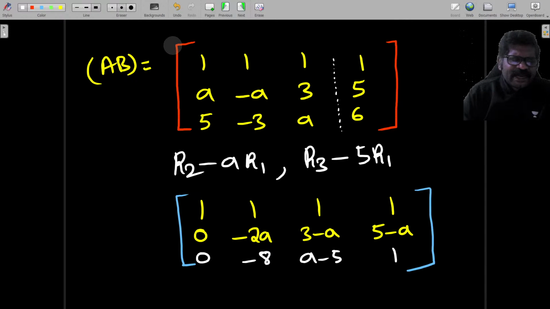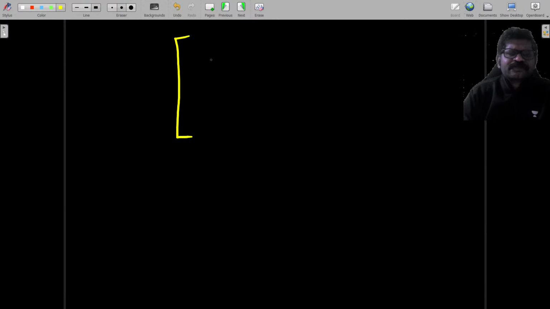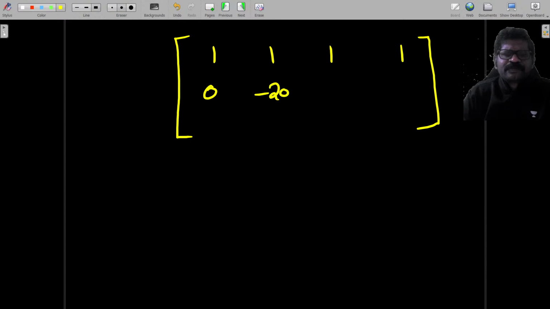Now here you have to apply an operation to get into echelon form: aR3 minus 4R2. So we write the first row as it is: 1, 1, 1, 1. Second row as it is: 0, minus 2a, 3 minus a, 5 minus a.